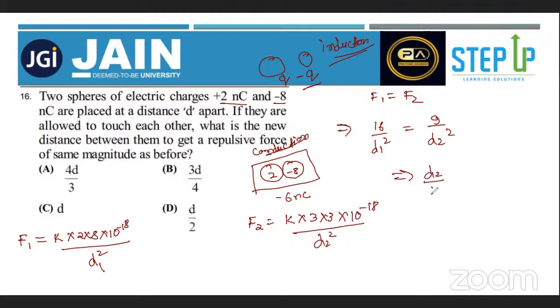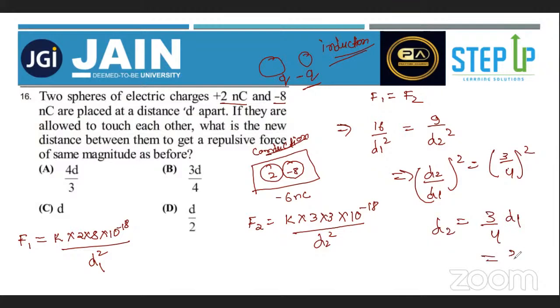So d2 upon d1 whole square I can write as 9 upon 16, that is nothing but 3 upon 4 whole square. So d2 will be 3 by 4 of d1, and in my case d1 is D. So the answer should be 3 by 4 d.